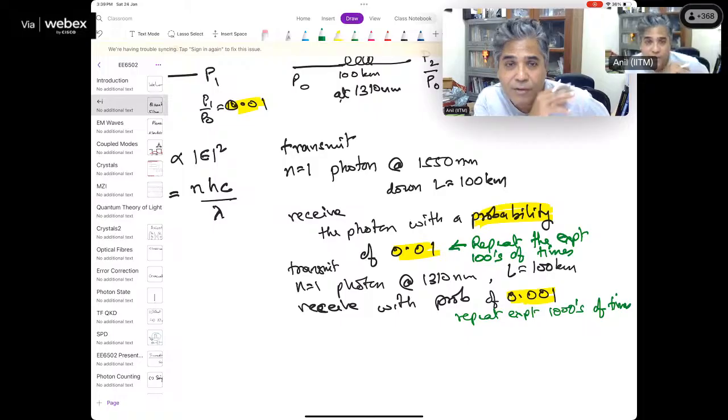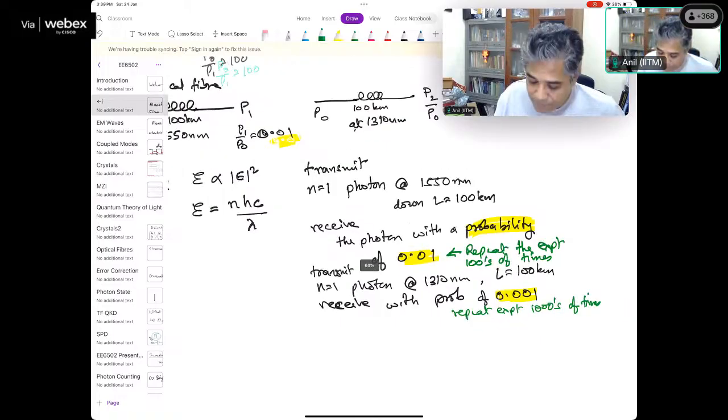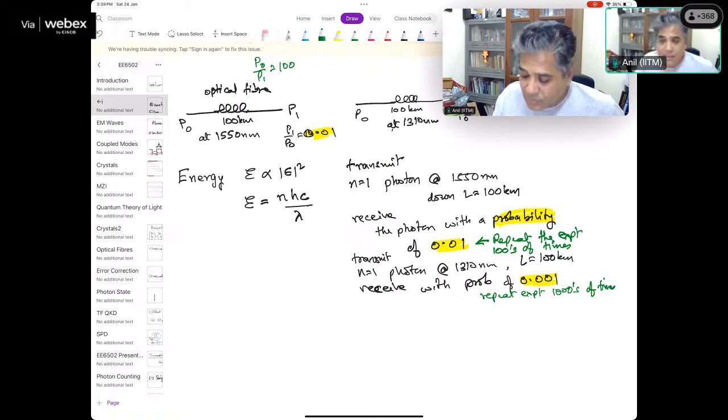If you run it a few hundred times, you cannot get that 0.001 number. Similarly, for 1550 nanometers, if I want to receive the photon and say that it is coming with a probability of 0.01, I have to repeat the experiment hundreds of times. So this is one aspect of fiber optic communications that you need.